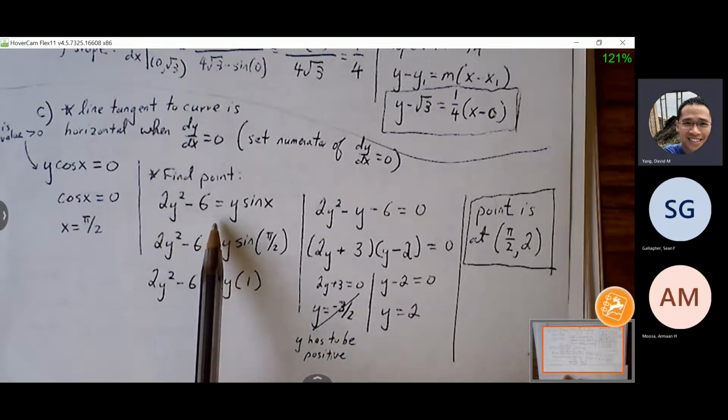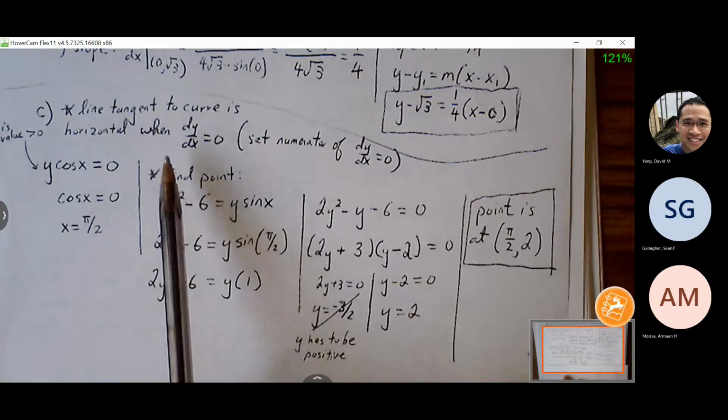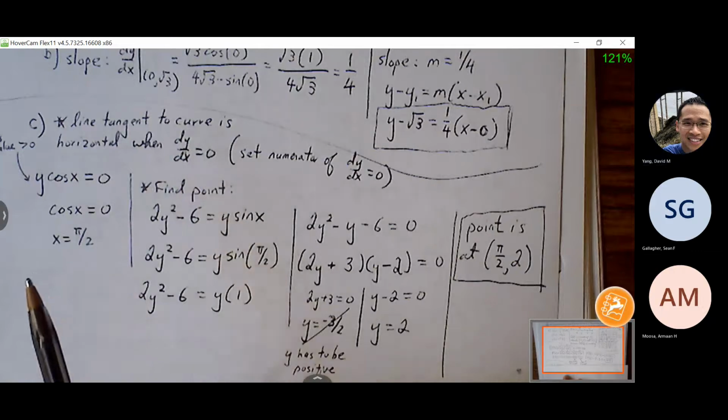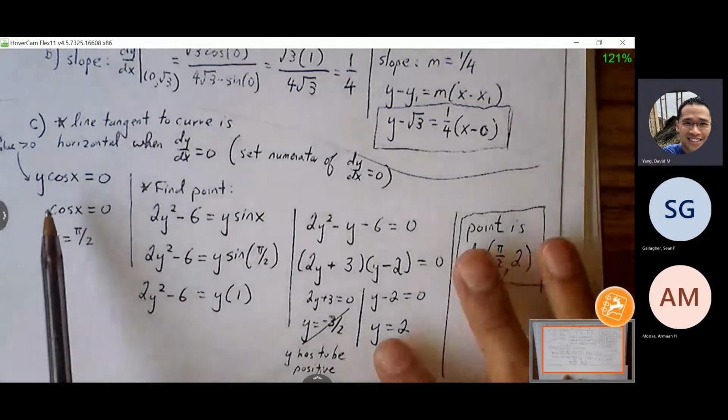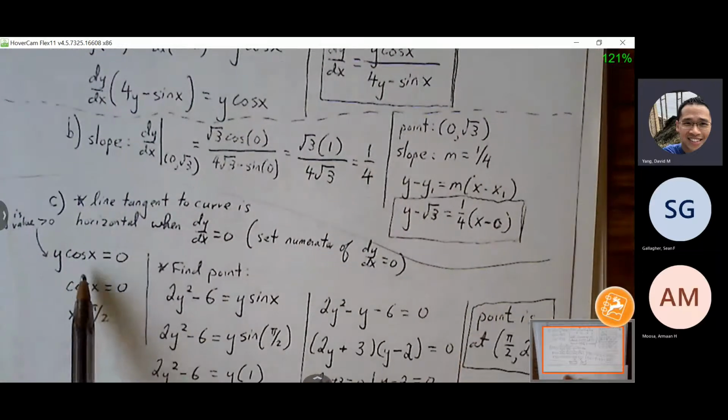Okay, so 2y squared minus 6 equals y sine x. So slope is equal to 0 when the derivative is equal to 0. So we have to set the numerator of the derivative equal to 0. So that's y cosine of x equal to 0.